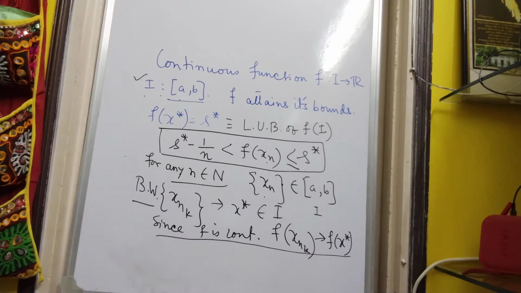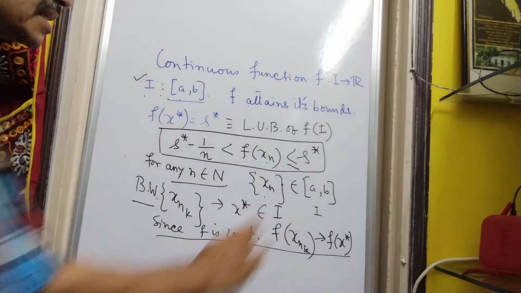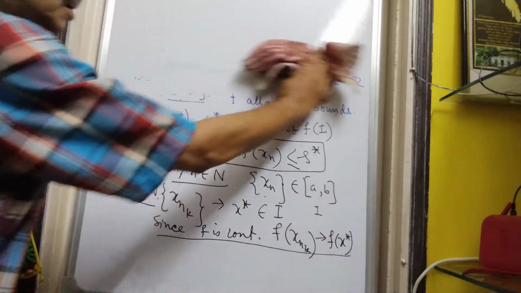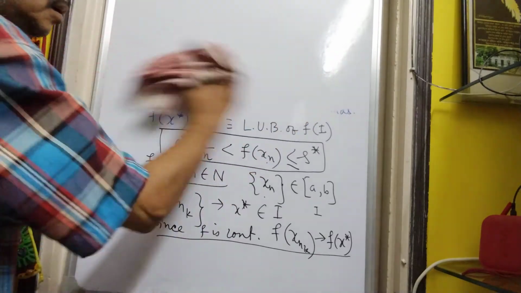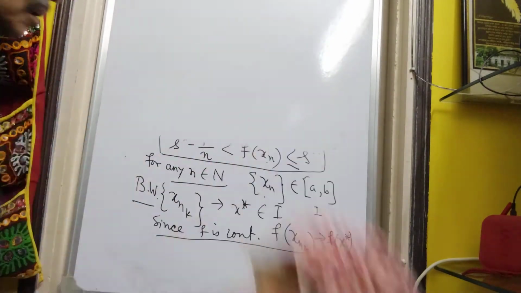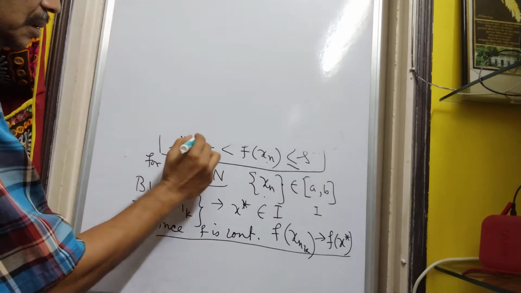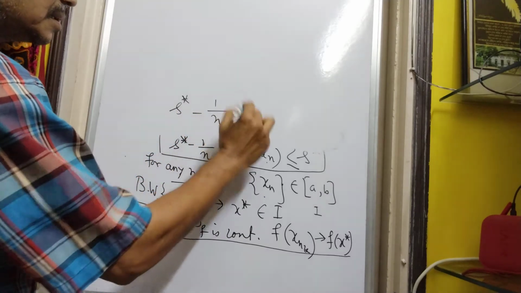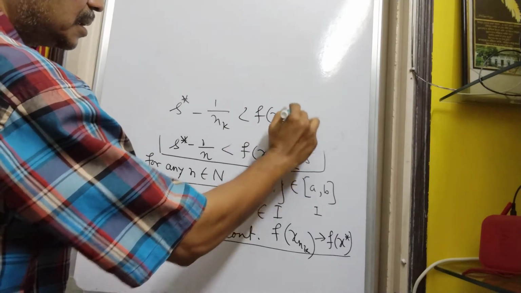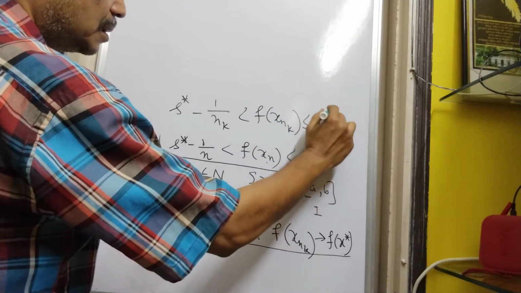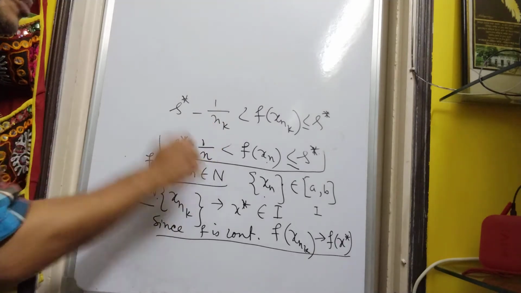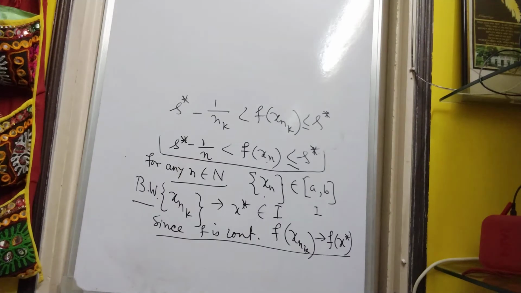so we have, apart from this, also this. And we can at best choose this nk to be greater than each n.